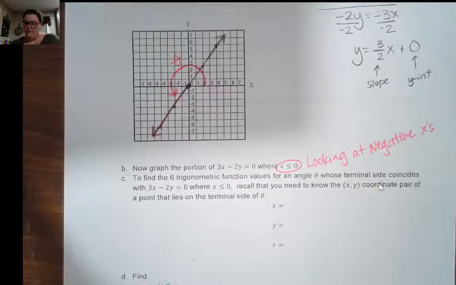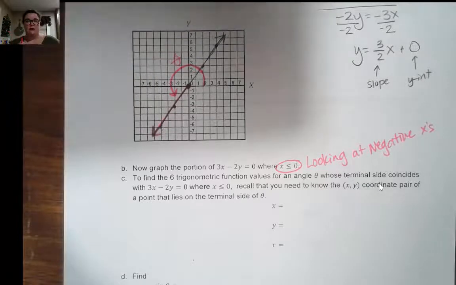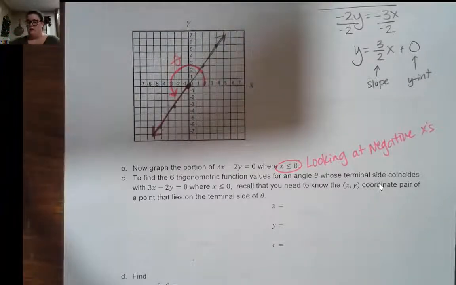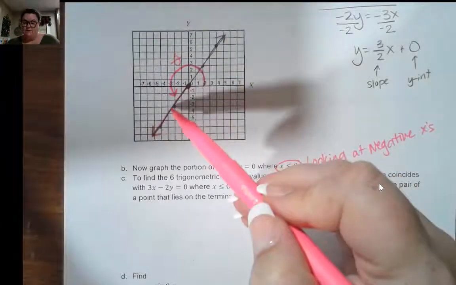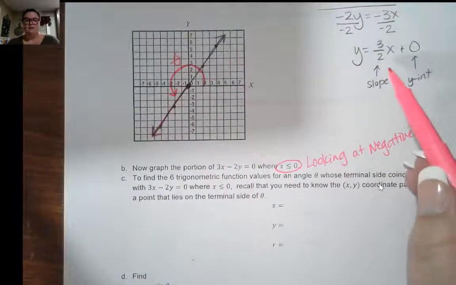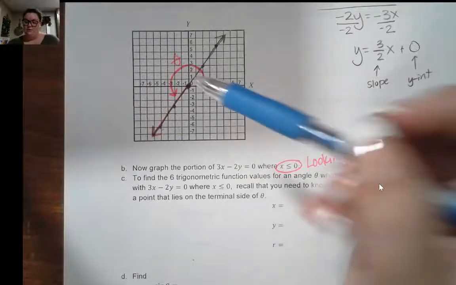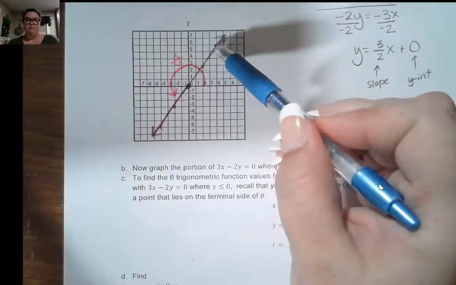Okay, recall what you need to know. I need to know an xy point so that I can use that xy point to find r, right? I need to be able to draw my little triangle, right? So I need a point on this line. Well, when we were trying to figure out how to draw this line, we counted our slope. So we went up 3, forwards 2, up 3, forwards 2, up 3, forwards 2, right?